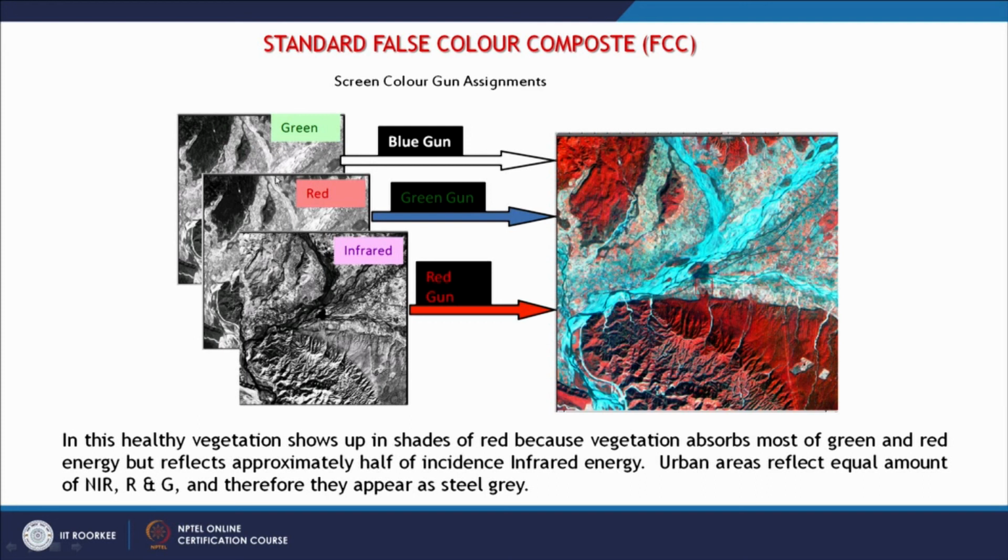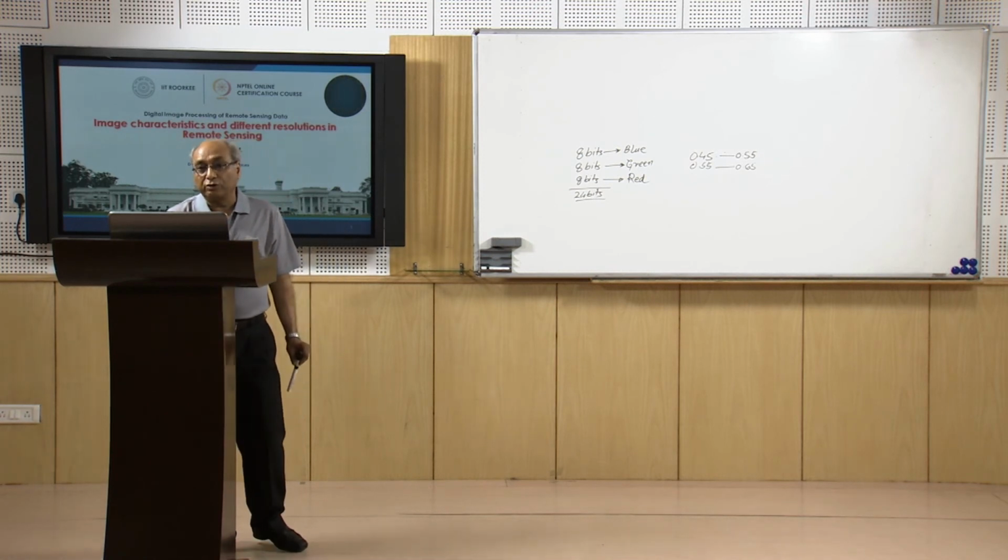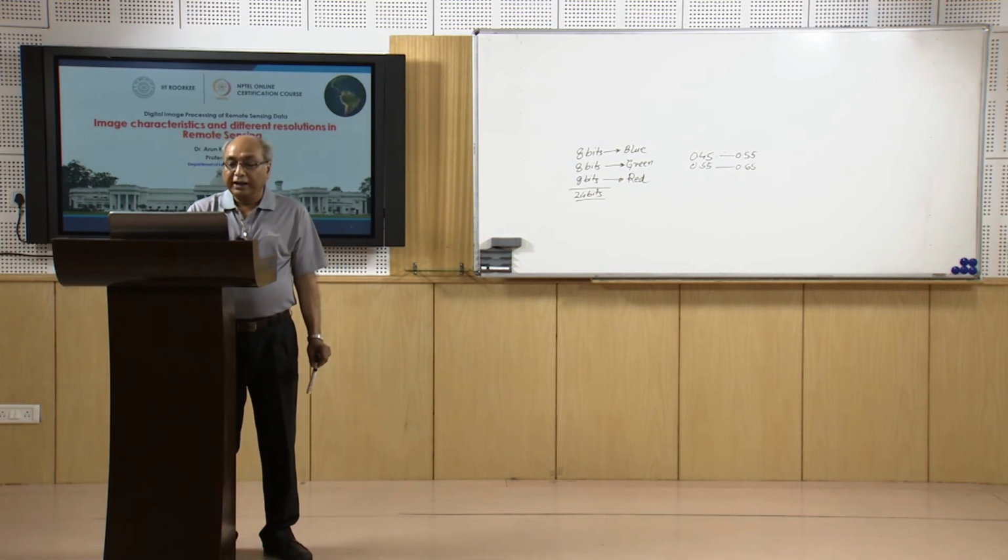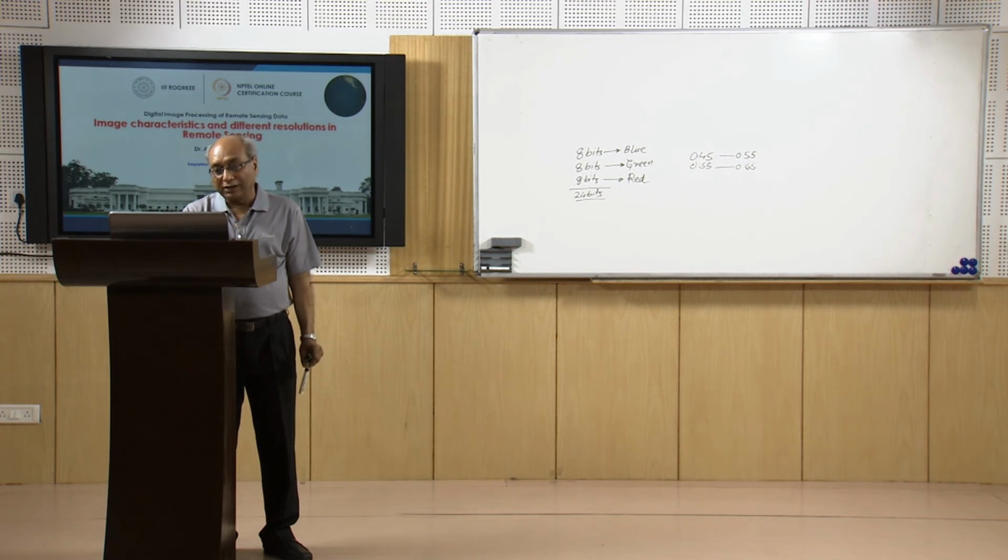Now one can argue, what happened to the blue color? Blue is very close to ultraviolet, and it might have a lot of distortions in the image, and since in the additive color scheme we can employ only 3 colors, we don't want to give up the infrared channel, we don't want to give up the red channel, because ultimately our aim is to differentiate different objects present within that image of the surface of the earth.